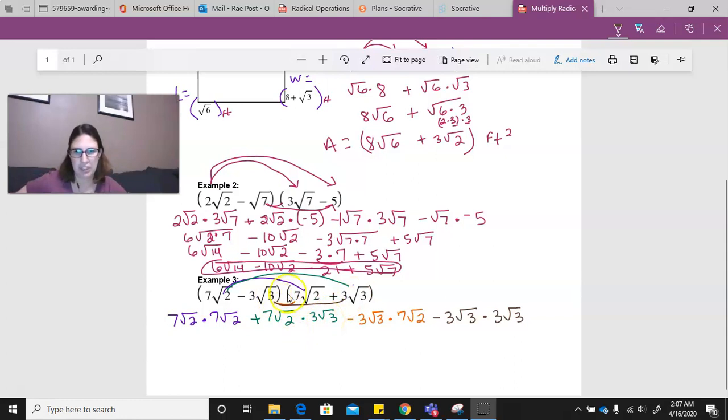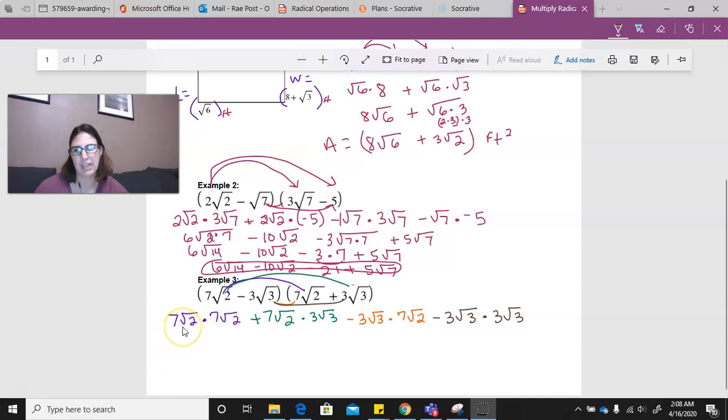And then we did the inner terms. So we had in orange, we had -3 times the square root of 3 times 7 times the square root of 2. And then last but not least, we had our last terms, -3 times the square root of 3 times +3 times the square root of 3. So that's how you get it all set up, your very first step, and then you just go ahead and start multiplying and simplifying where you can.